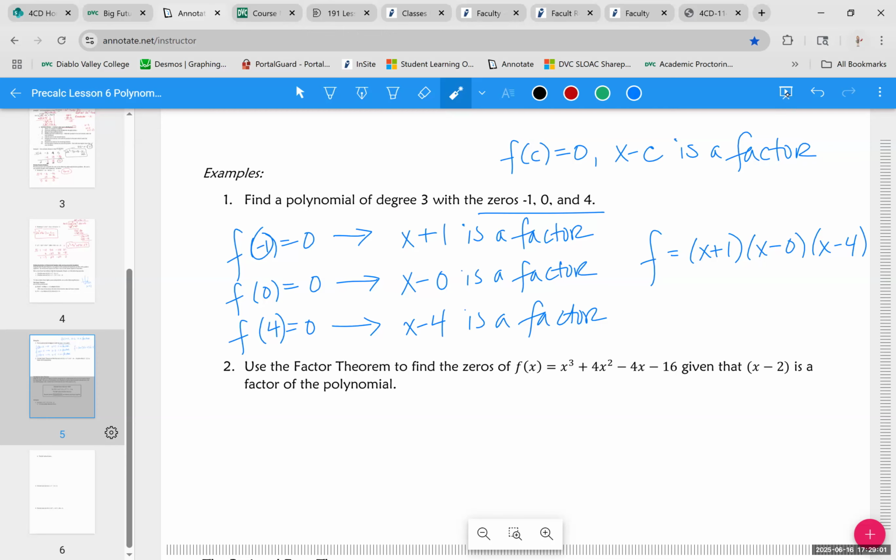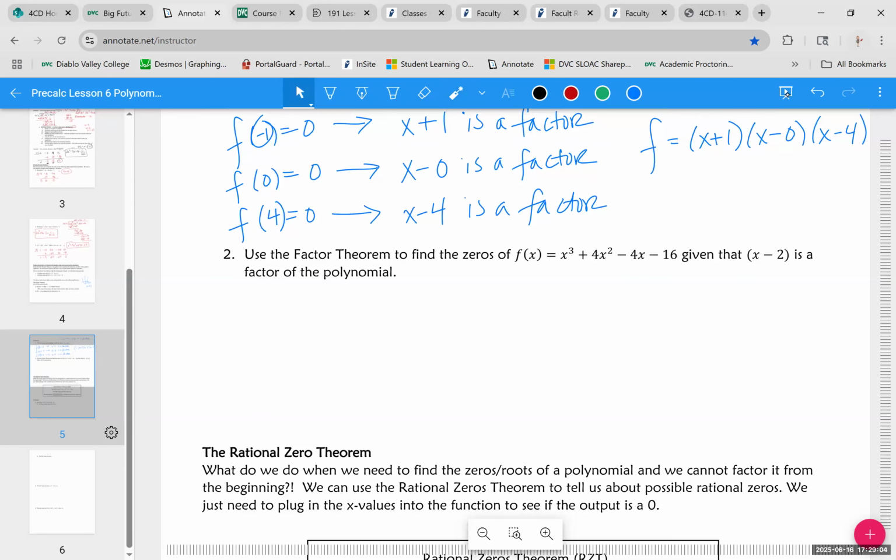So let's look at the next one. Use the factor theorem, which we've just been using, to find the zeros of this polynomial here. So we were given x to the third plus 4x squared minus 4x minus 16, given that x minus 2 is a factor.